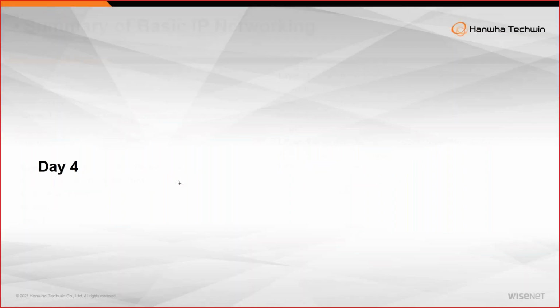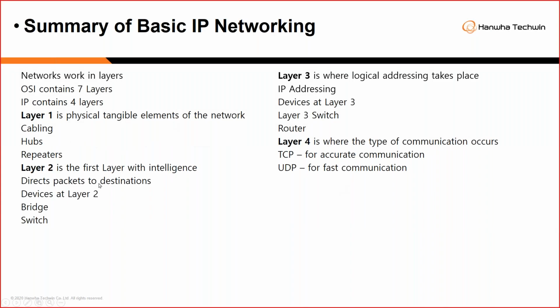Okay, summary. Layer 1 is a physical layer. Layer 2 is switching. Layer 3 is routing. Layer 4 is your TCP UDP. Once the routing is done, then it is now outside your network, right? Once it is outside your network, you have to follow the rules and regulations, right?